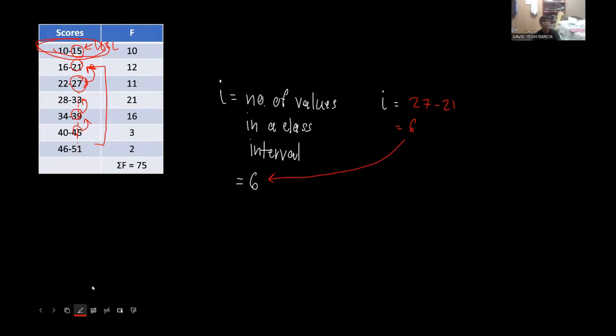The third method is similar to the second, but instead of the upper class limit, we use the lower class limit. What is the lower class limit? It is the beginning value of a class interval. For example, in the 10 to 15 interval, the starting value is 10.